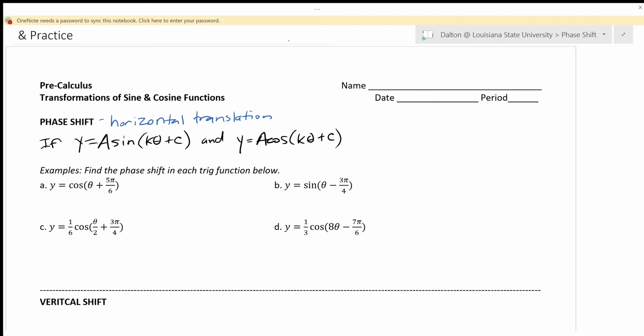Okay, so if we have these generic forms of our equations, then phase shift, or horizontal shift, is equal to negative c over k.